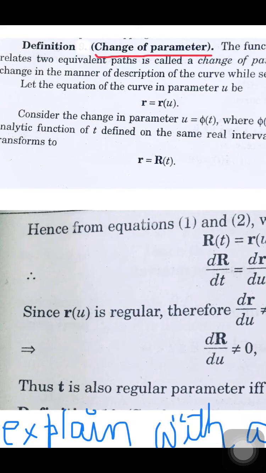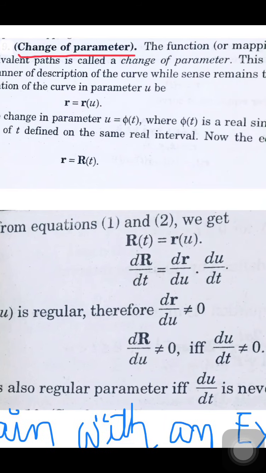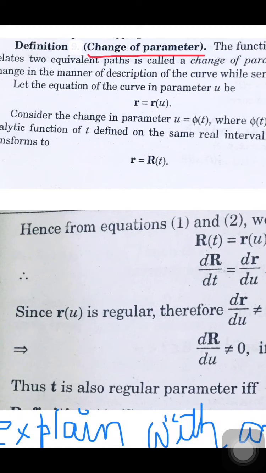What we are doing here for this change of parameter: let the equation of the curve in a parameter u be given. First of all, we have r equals r of u, so we have one parameter u given with vector notation. What do we have to change? Consider the change in parameter u equals phi of t.